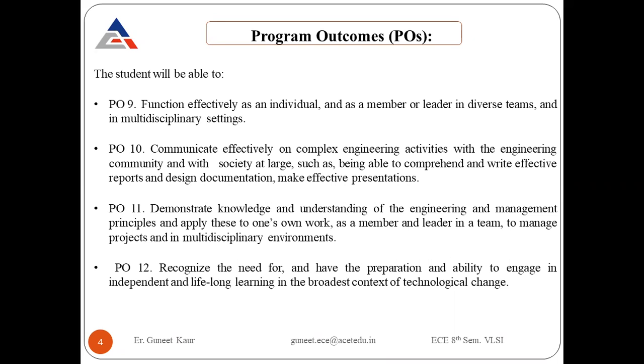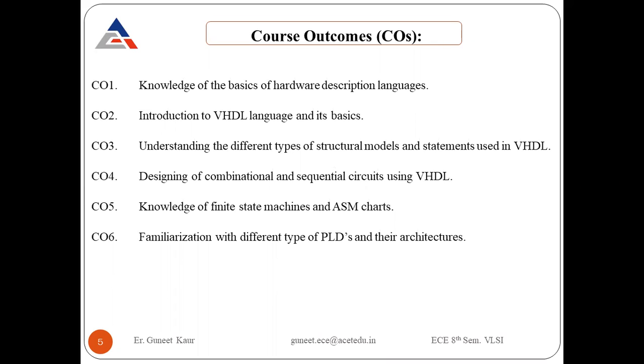Further, going to the course outcome, that is known as COs. There are 6 COs, course outcomes. CO stands for course outcome. And I will discuss it with you one by one.